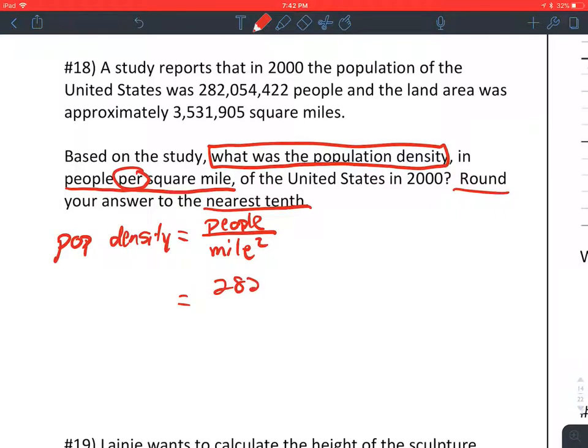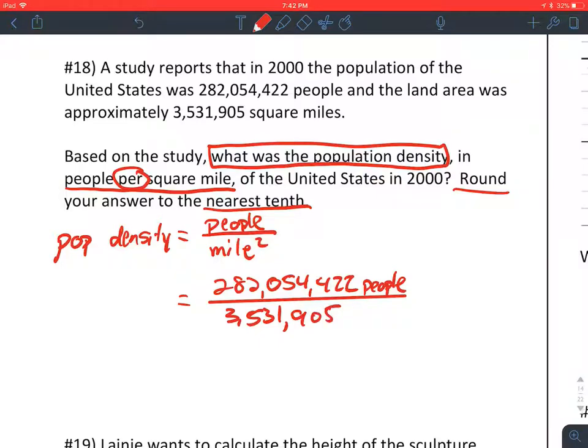So the number of people is 282,054,422 people. The square miles is 3,531,905. For the love of all that's good and holy in this world, do not do this by hand.